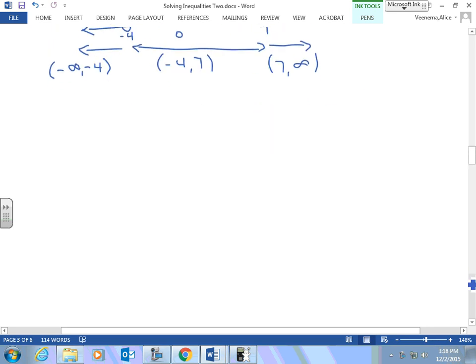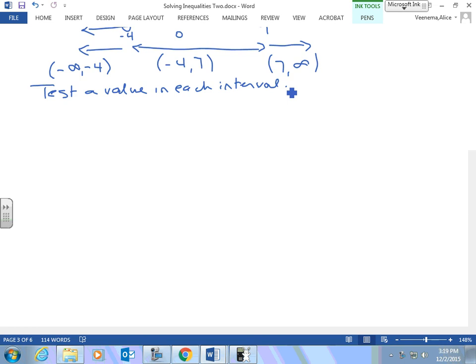Let's scroll down to give myself some working space here. So in the interval from -infinity to -4, I want to test some value in there. So test a value from each interval. For -infinity to -4, let's just test the value x equals -7. And we'll test it in the original inequality.